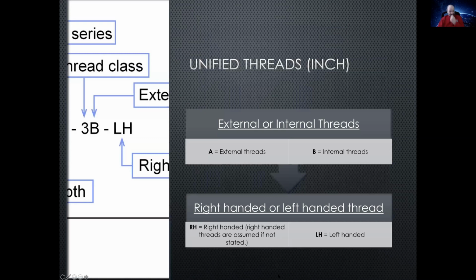So here's a close-up of the thread note. So think about it. Is this for an external or internal thread? Well, if it says B, it's an internal thread. And A is external threads. And then you have right-handed and left-handed.